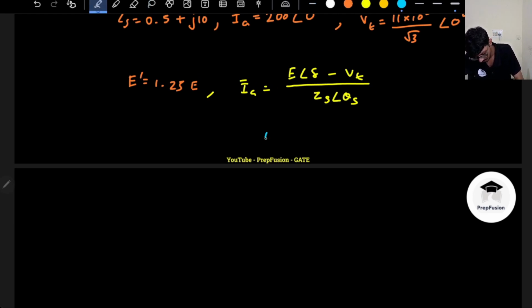So what will be Ia conjugate? Ia conjugate will just be E by magnitude of Zs, angle theta s minus delta, minus Vt divided by magnitude of Zs angle of theta s.